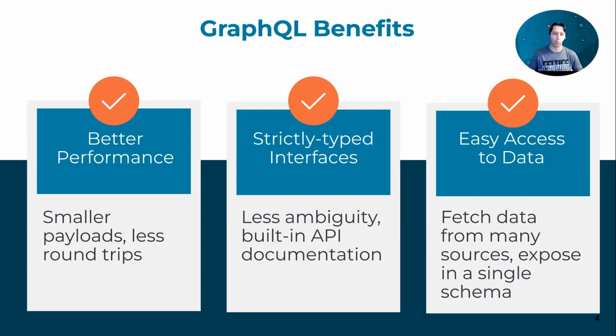As I said, what we are tackling with Stardog is these data silo problems, trying to pull information from multiple sources and return it to the users. GraphQL provides that benefit out of the box as well, because you can implement resolvers to pull the data from different data sources.